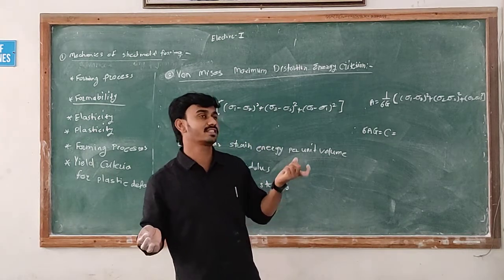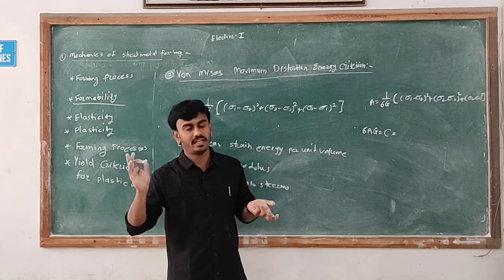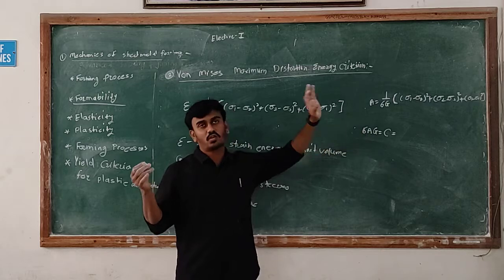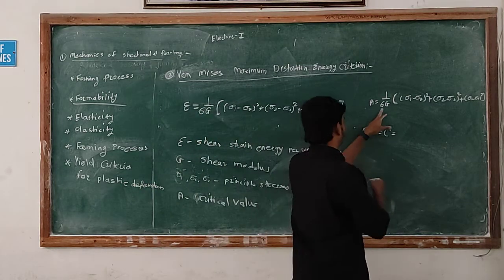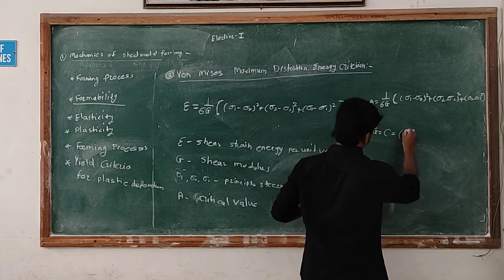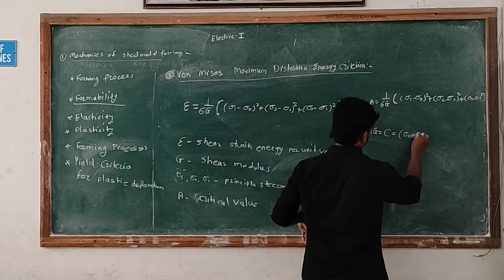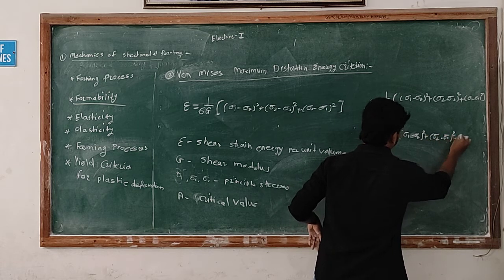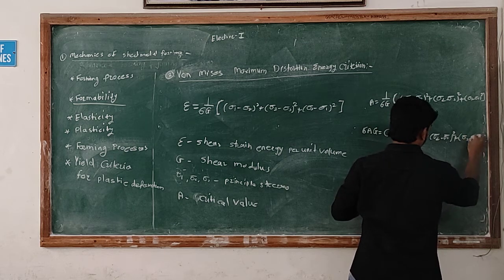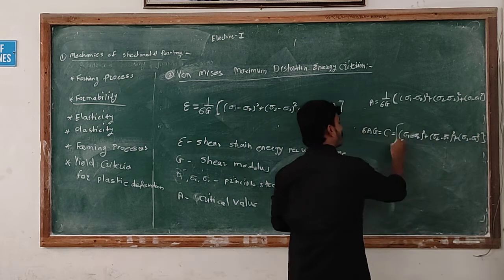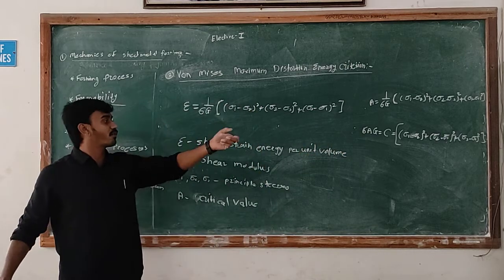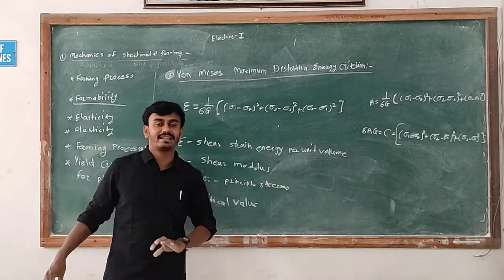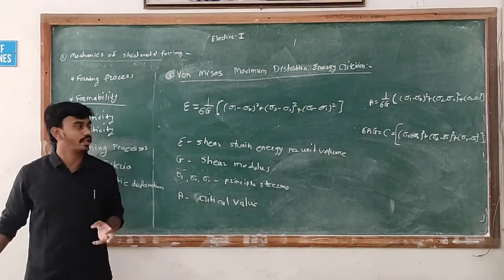Suppose we consider steel, then it is constant; for cast iron, A is also constant. So 6AG is constant and equals (sigma 1 minus sigma 2) squared plus (sigma 2 minus sigma 3) squared plus (sigma 3 minus sigma 1) squared. This is the formula according to the von Mises maximum distortion energy criteria.